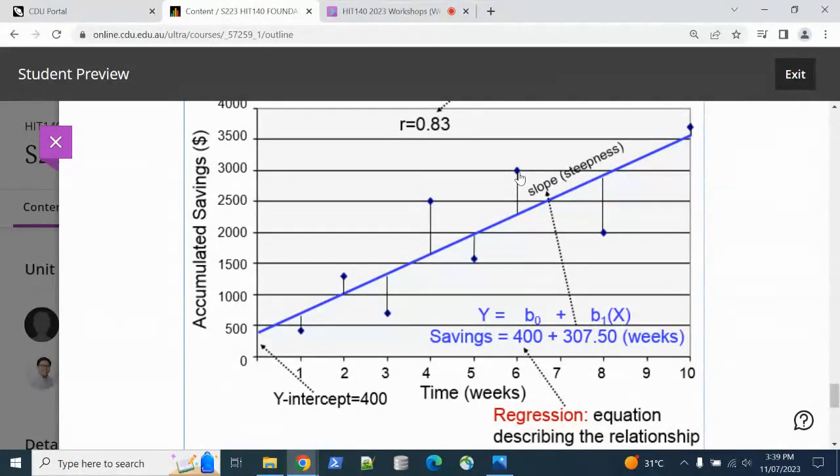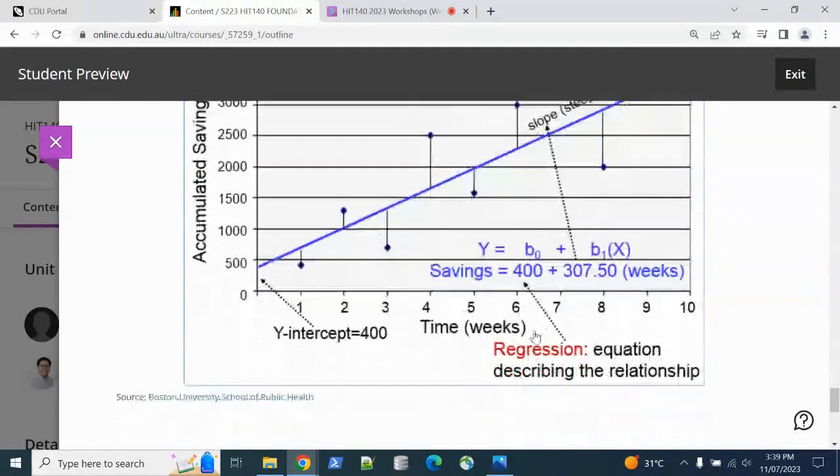That's the errors. How about the 400 here? You've seen this equation earlier in the video as well, the B naught or B0. That's called intercept. Intercept basically is the point along the vertical axis, the y-axis, where the regression line intersects. So 400 refers to this point.